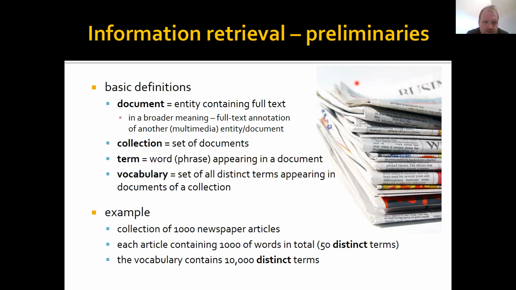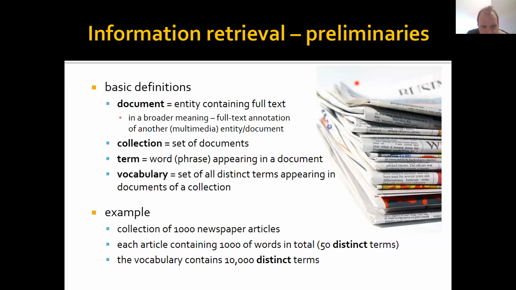And then if we just gather all the terms together, we get a vocabulary. So this will be the set of all distinct terms over the whole collection of text. So these are 4 terms that are crucial to further discussion.